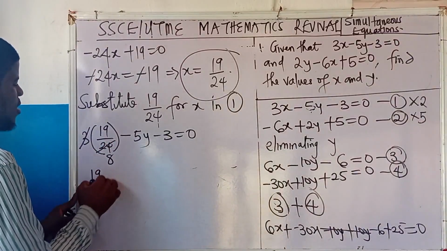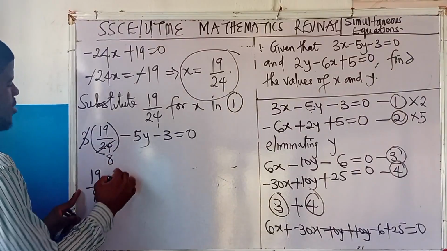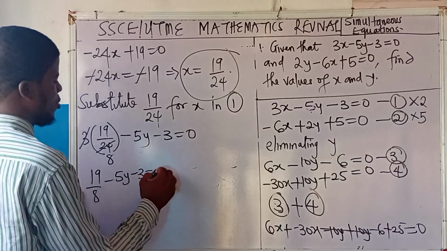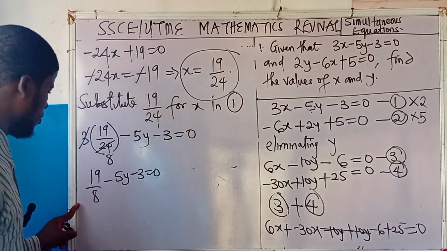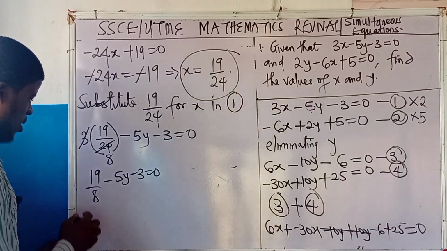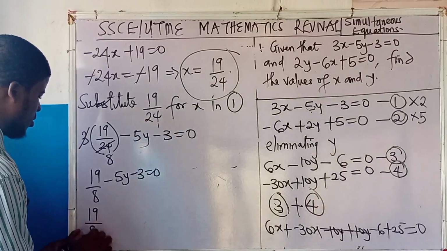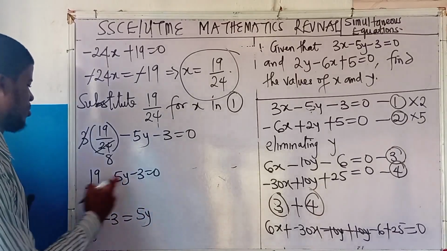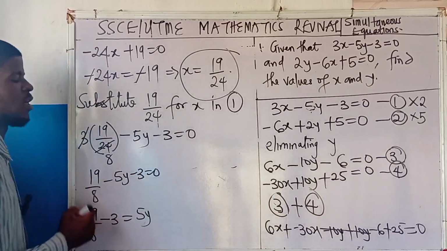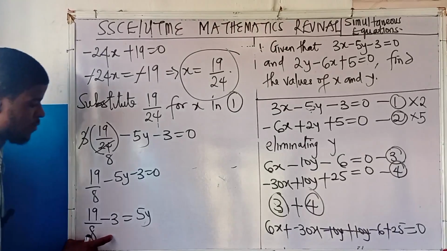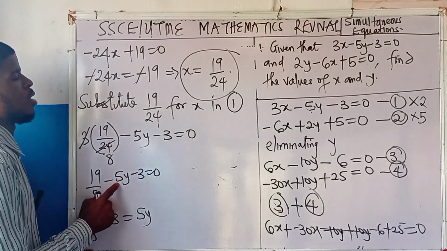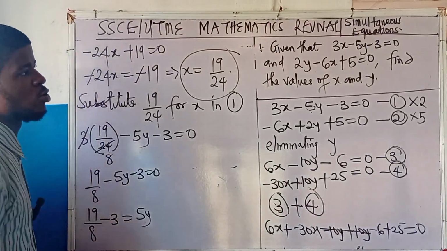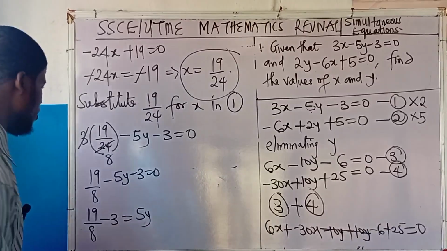So I have 19 over 8 minus 5y minus 3 equals 0. Let's collect like terms. 19 over 8 minus 3 equals 5y. These two terms are like terms, so I left them on the left hand side. Then minus 5y crossed over and turned to a plus 5y.